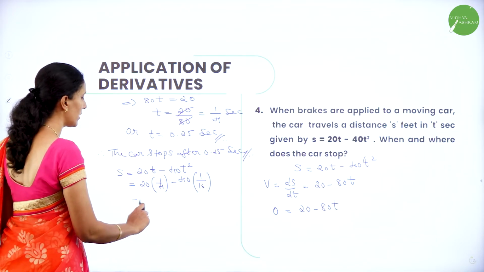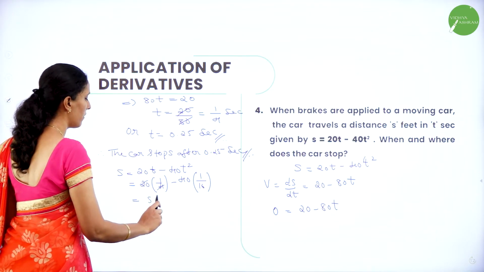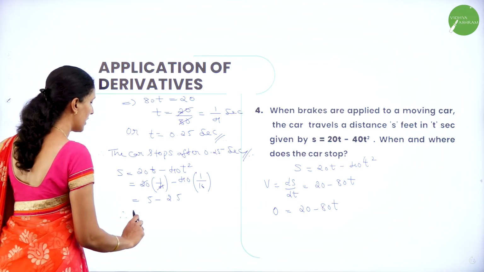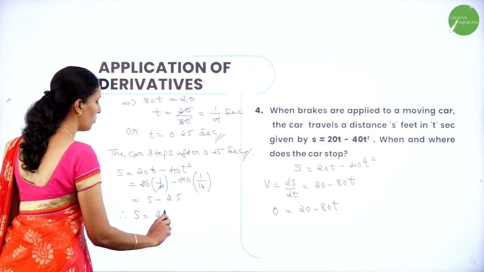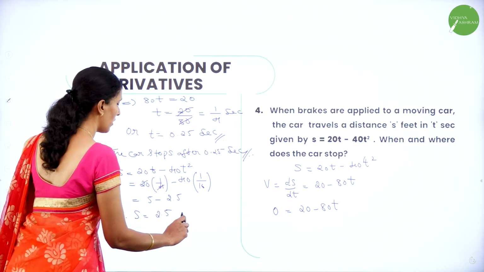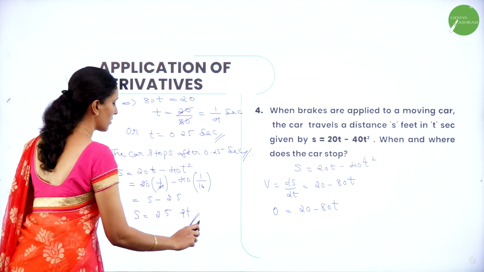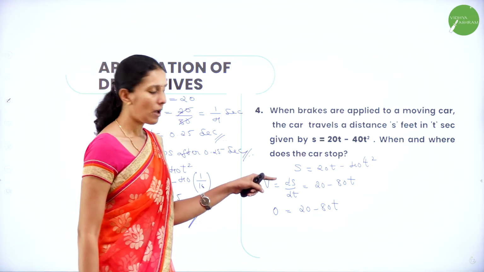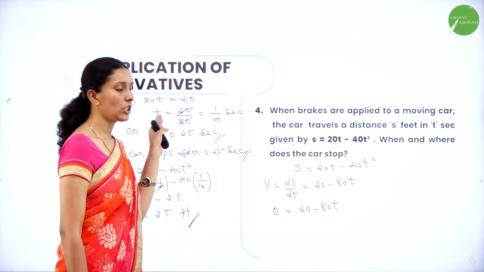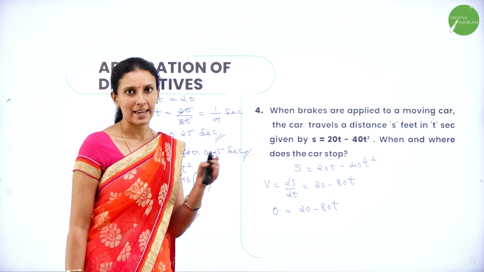So solving this, 5 minus 2.5. So therefore, S is equal to 2.5. Now S is given in terms of feet, so we will write it as feet. So it stops at a distance of 2.5 feet after 0.25 seconds.